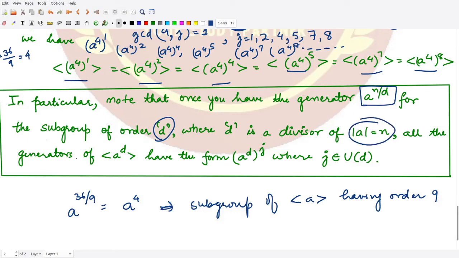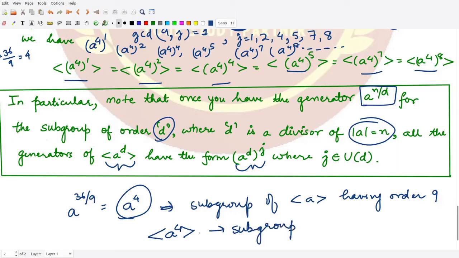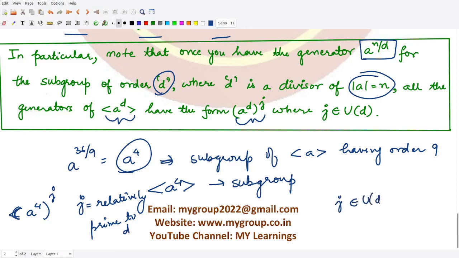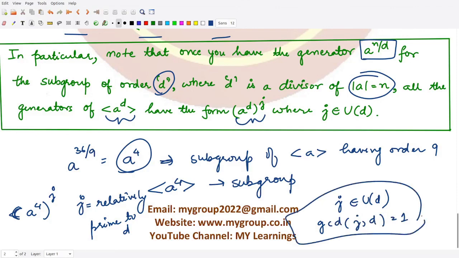All the generators of this subgroup are of the form a raised to power 4 raised to power j, where j is the number which is relatively prime to d. This is the same as writing j belongs to U(d), and the same as writing the GCD of j with d is equal to 1. This is what we have covered here.